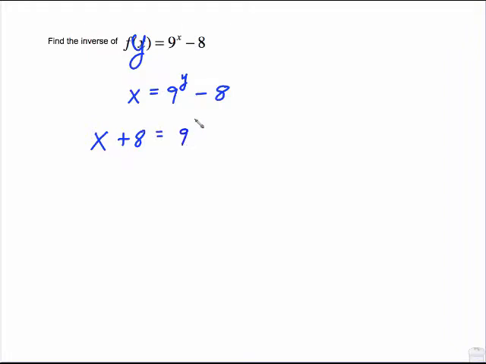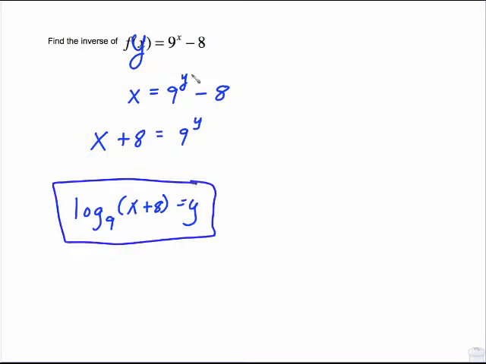And the only way to solve this exponential function is to rewrite it in logarithm form. So this is log base 9 of this quantity, which is x plus 8, equals y. So there is our inverse. There's a logarithm function that is the inverse of that exponential function.